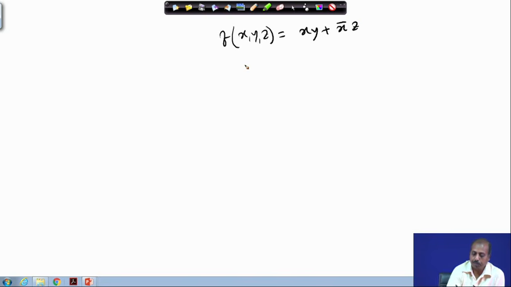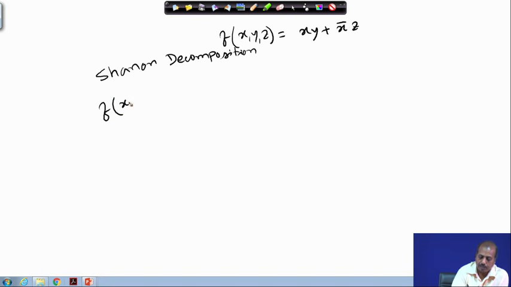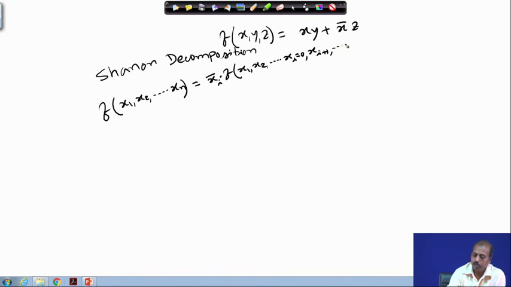Now, if you want to realize it using 2 input multiplexer, then we can do it like this. There is one decomposition which is known as Shannon decomposition. This Shannon decomposition, in the most generic form, tells that if I have got an n variable function x1, x2 up to xn, then this can be decomposed around the variable xi, and the decomposition is given by xi bar into f, where the other variables remain unchanged, only xi is set equal to 0, plus xi into f of x1, x2, xi equal to 1, xi plus 1, up to xn.